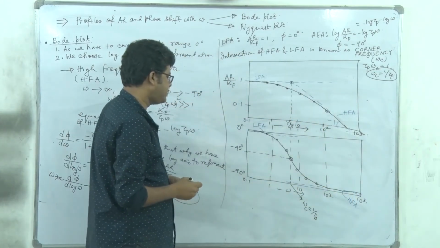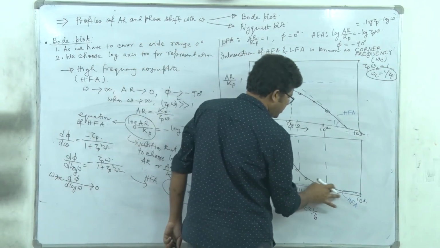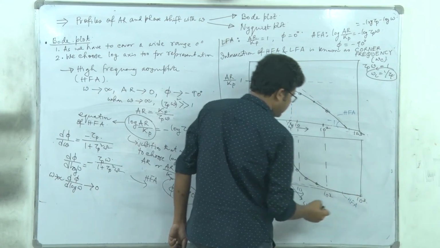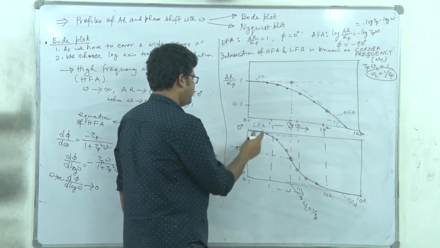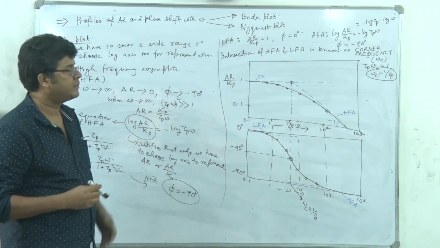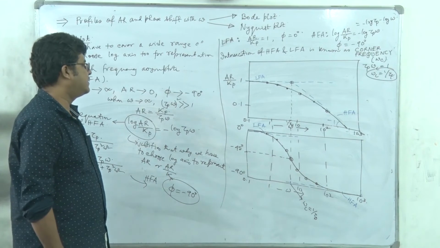Okay, it will march to -90. So that's the Bode plot of a first order system. Okay. So we'll extend this idea of Bode plot to the second order system as well.